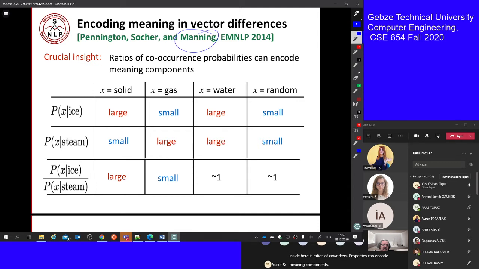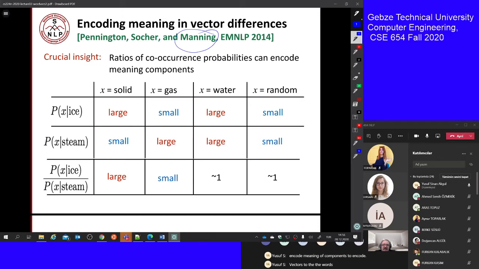Okay, so if you do this kind of ratio comparisons, we could use this information to encode meaning of components, to encode vectors to the words.